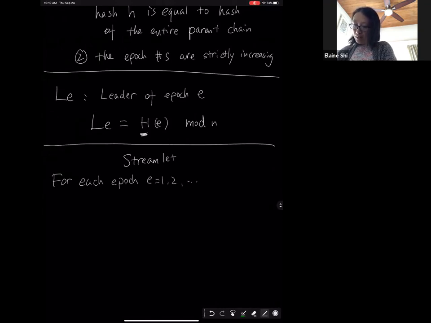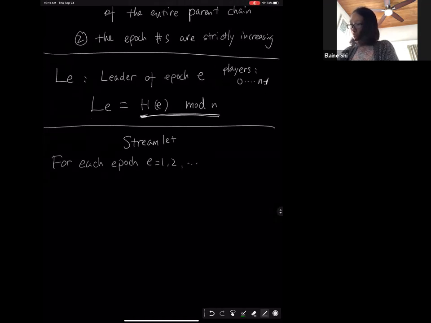Also, just another small thing: if I'm deciding the leader like this, I'm assuming that the players are numbered from 0 to n-1. We go epoch by epoch, and in each epoch, the first thing that happens is that the leader of the epoch will make a proposal.